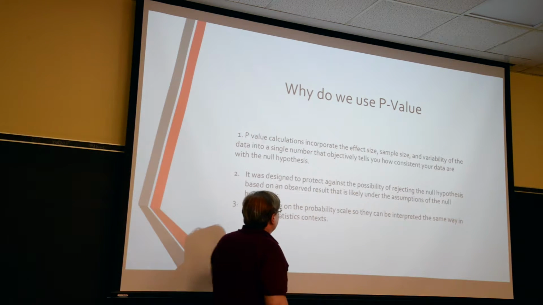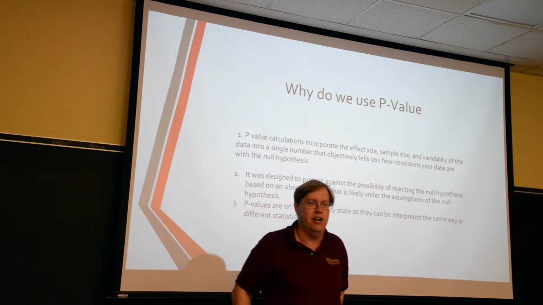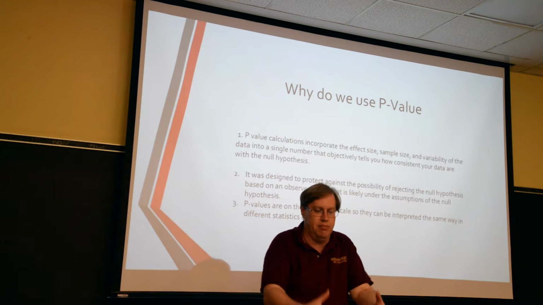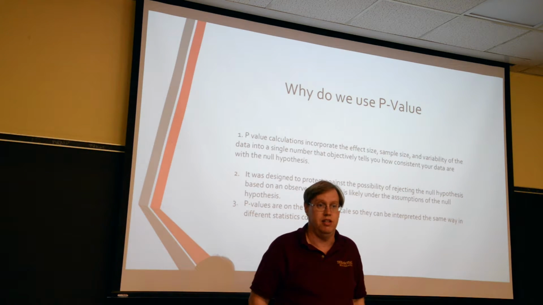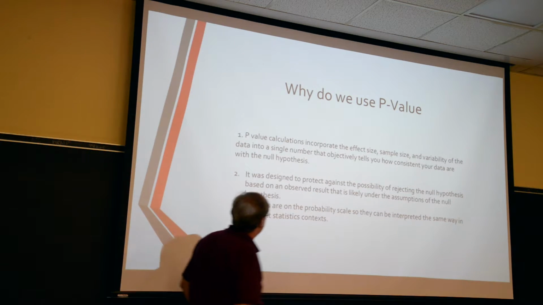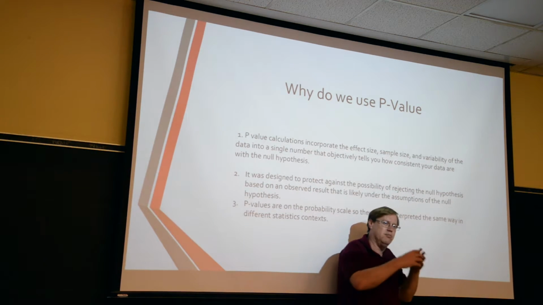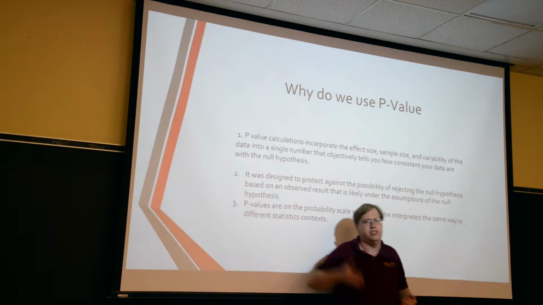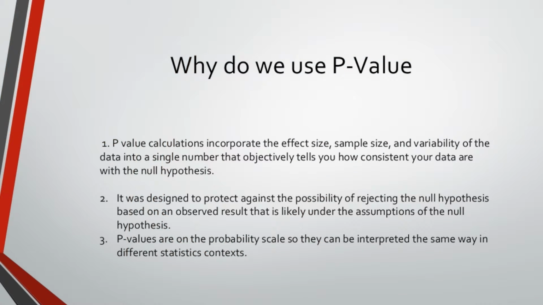Okay, and Fisher thought that this was a way to objectively tell us what the sample is telling us about the null hypothesis. In particular, what it tells us is how consistent is my data with the null hypothesis? Because we assume the null hypothesis is true, and then we ask, how likely is it that this data would come from that null hypothesis?